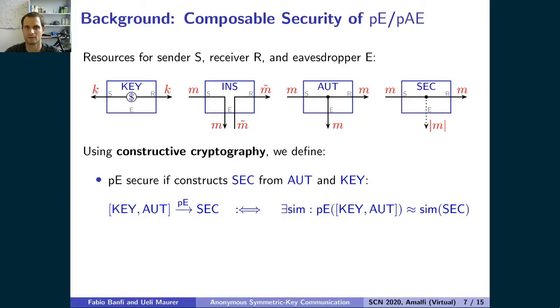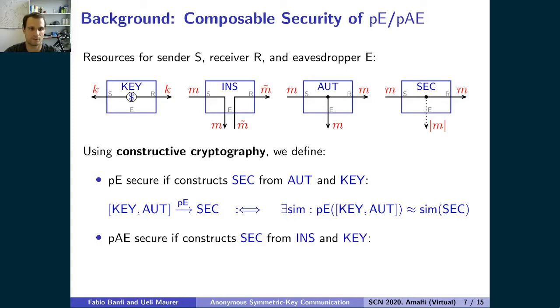Namely, as the existence of a simulator such that the resource which results from applying the encryption to the key and the authenticated channel is indistinguishable from the secure channel plus some simulator that simulates the adversary strategy.